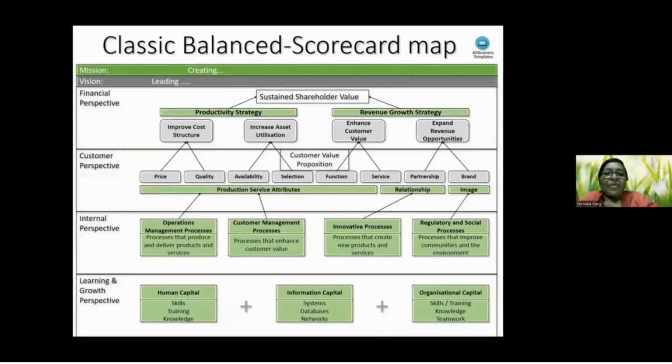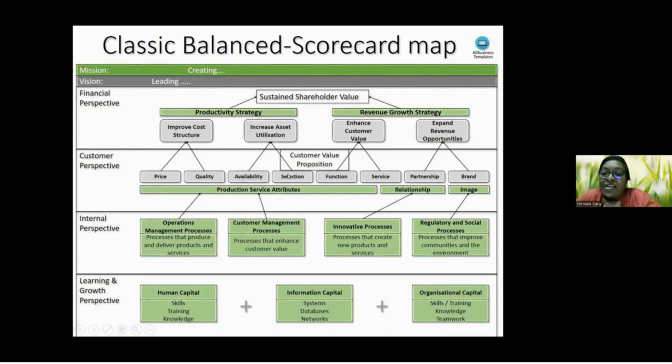You can create a map like this. You don't have to bother about this dimension. Just write which discipline you are, that is, what customer value proposition you have, product or operational or whatever. Having said that, what kind of attributes are you going to give? High price, quality?